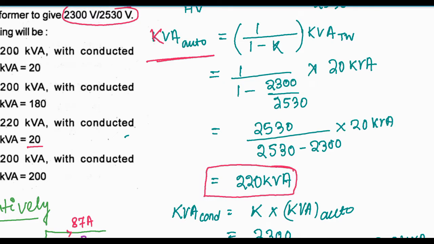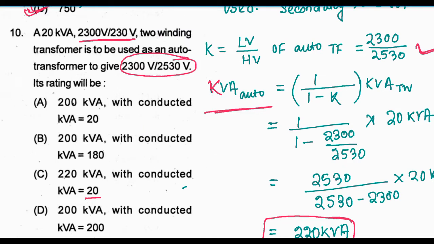If we calculate this one, kVA of the auto transformer is 220 kVA, and always we connect the transformer in adding polarity. Adding means the flux will add together and the voltage will be adding. That means here primary is 2300, secondary is 230, so this will be added to 2530.